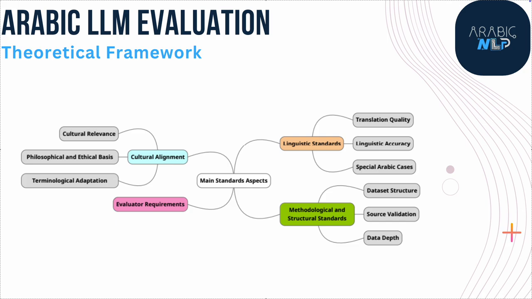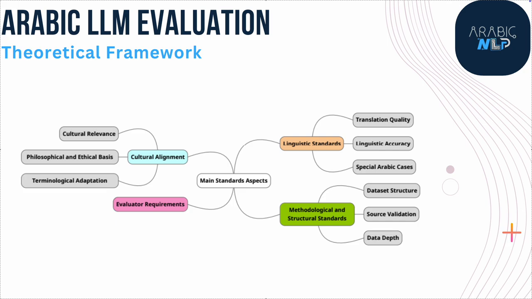It is structured in a way to address linguistic standards, cultural alignment, and then methodological and structural standards, introducing also evaluator requirements. So, for example, when it comes to linguistic standards, we need to ensure grammatical accuracy, proper translation, and orthographic consistency. It is important. But when it comes to cultural alignment, we need to make sure that examples reflect Arabic society, ethics, and traditions.